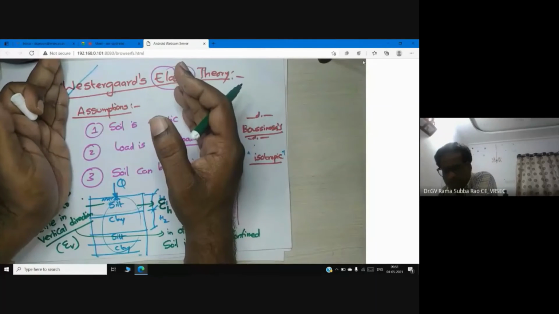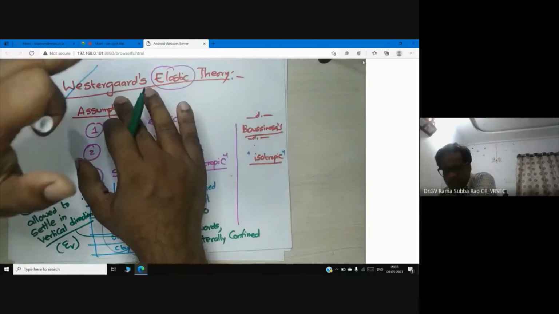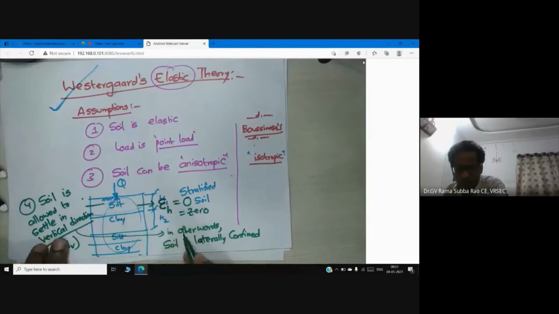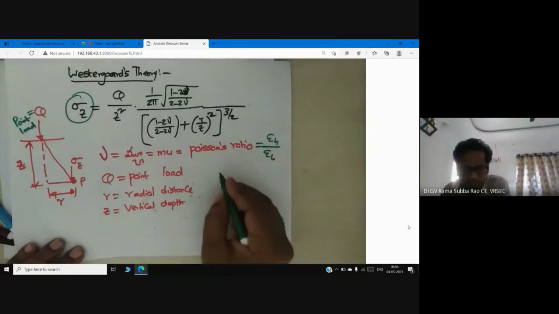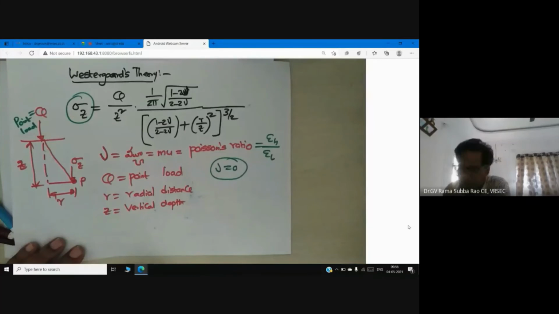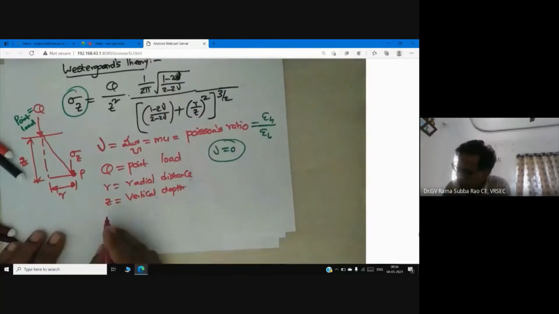Since we are neglecting strain in horizontal direction, epsilon H is going to be 0. In that assumption, now I can write Poisson's ratio 0. If Poisson's ratio becomes 0, what is going to happen now?